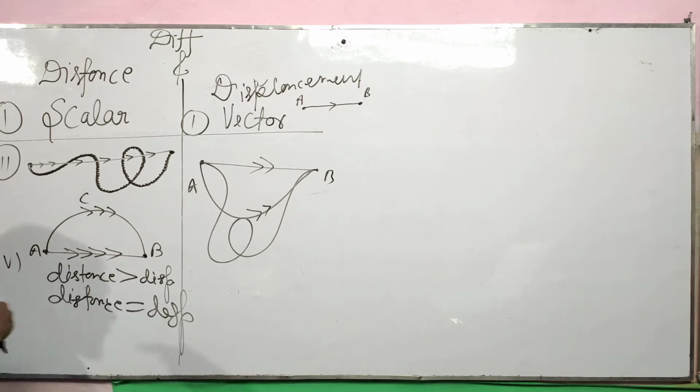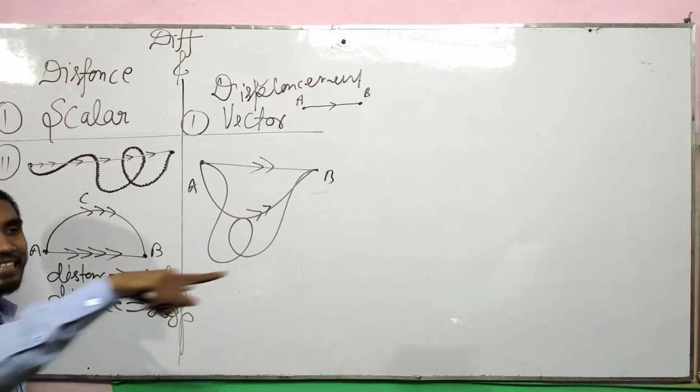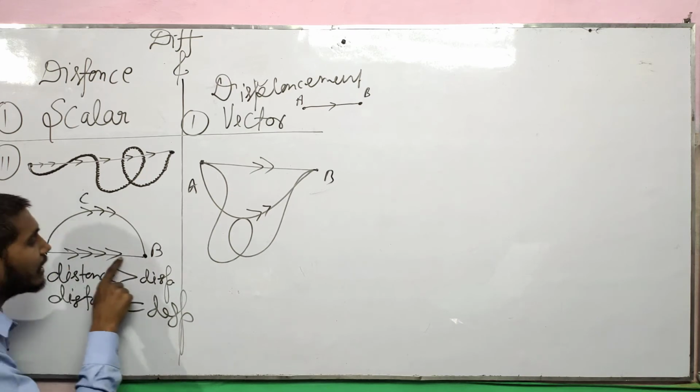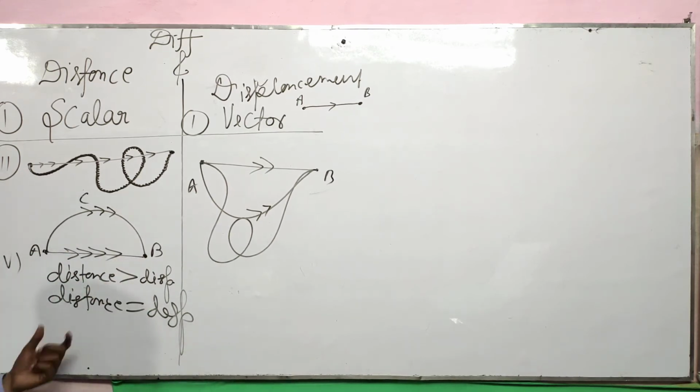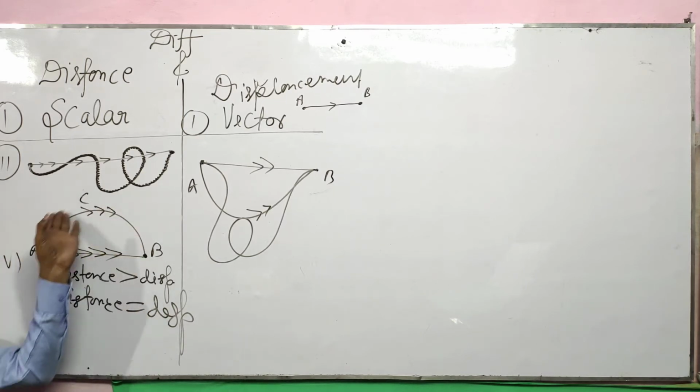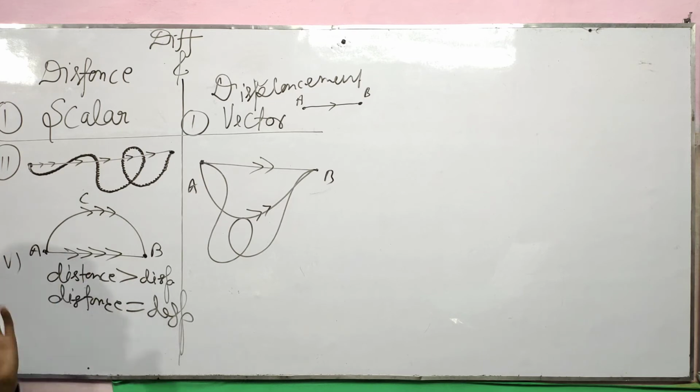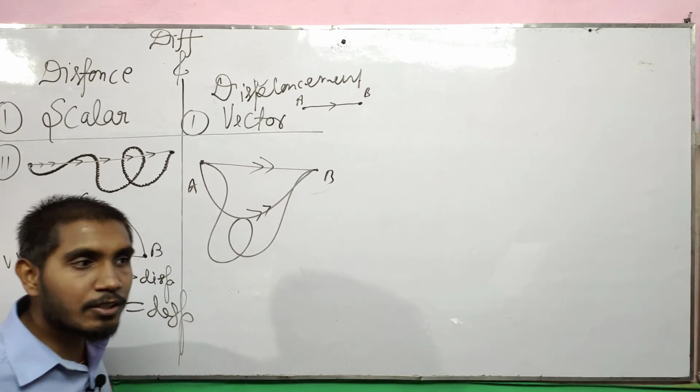When I am in straight line motion, then distance is equal to displacement. When not in straight line motion, then distance is greater than displacement. Okay, understood?